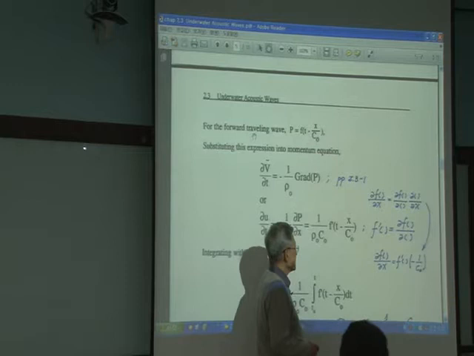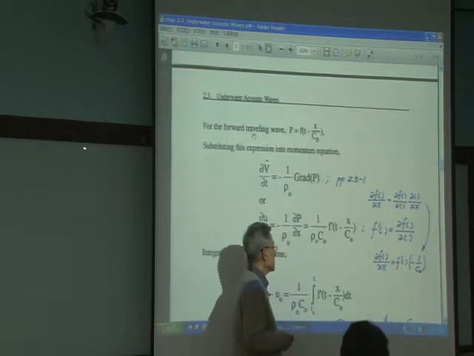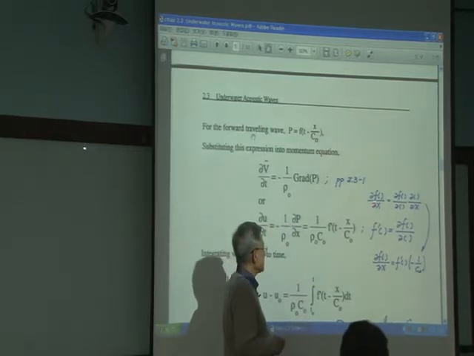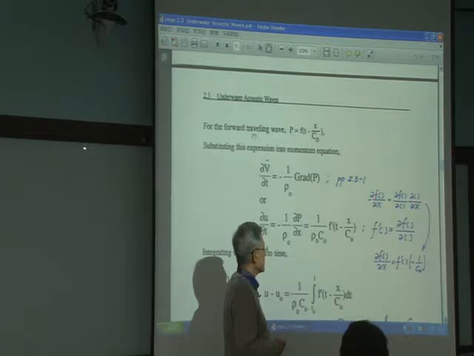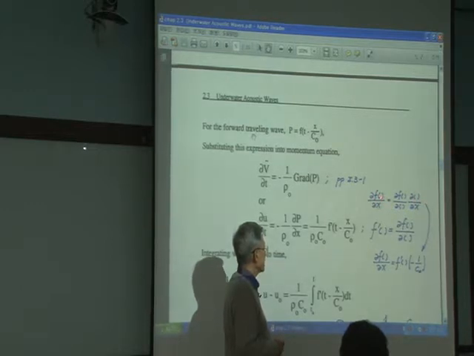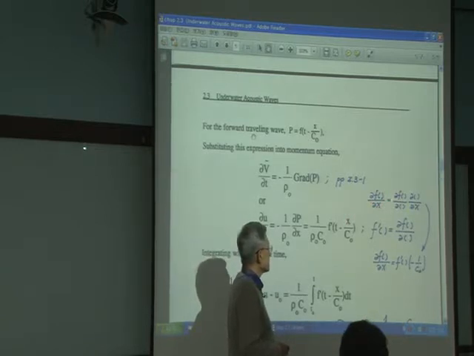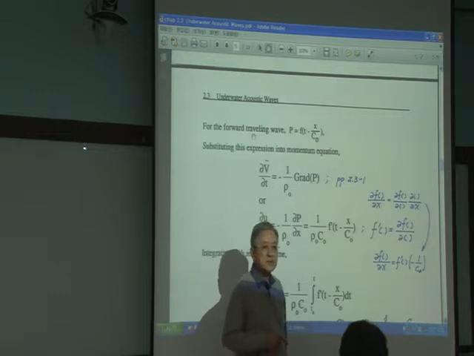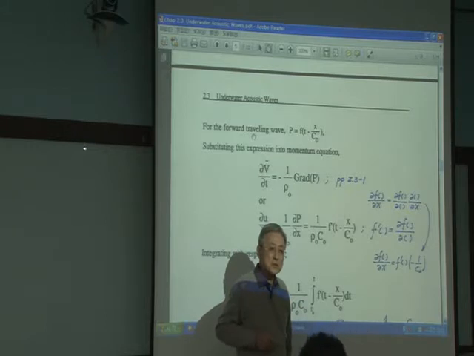So to avoid any confusion, I rewrite over here. Del F, parenthesis whole function, over del X is equal to del F over del parenthesis, differentiate with respect to the whole thing, the whole parenthesis, okay?